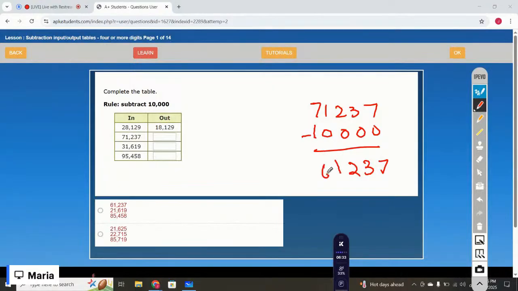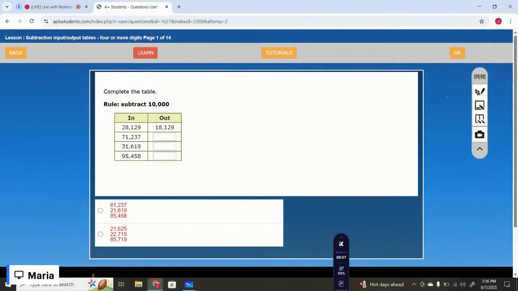Only 7 minus 1 is 6, right? So you only need to subtract the 10,000s digit. 3 minus 1 is 2, the rest of the digits are the same. 9 minus 1 is 8, the rest of the digits are the same. So option number 1 is the correct option.